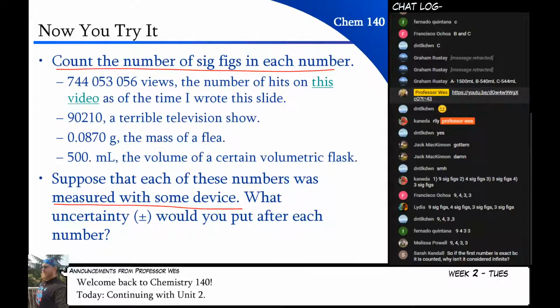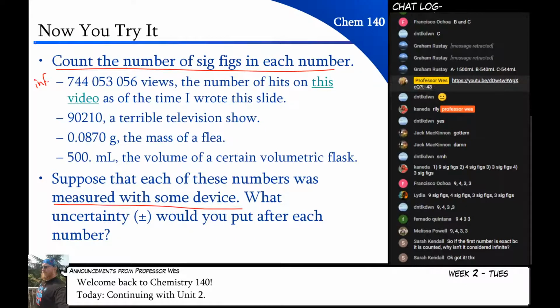So if you had written on this, oh, this is infinite number of sig figs because that's a counted number, I would accept that as correct. But for the purposes of the exercise, like how many sig figs are in this value, it's just 9. But you're right, you have the right idea that, wait a second, that's counted. It absolutely is counted. It's counted by YouTube. So good thinking. You're thinking beyond the scope of the problem.